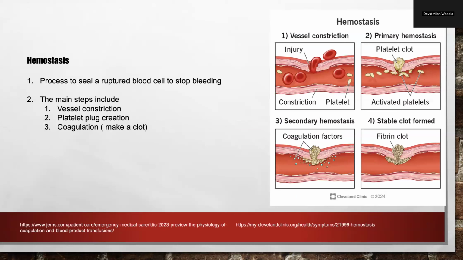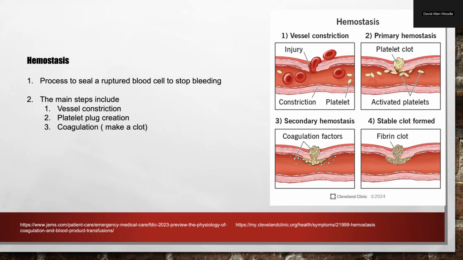What is that process? It's really three steps. If you have an injury to a blood vessel, first of all, it constricts and then it forms a platelet clot. And so those platelets bind together, and then coagulation occurs where fibrin is created and formed.